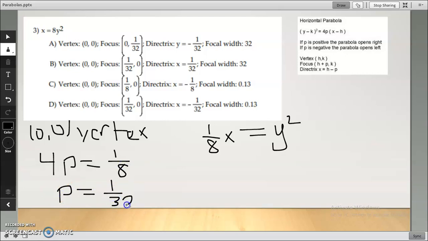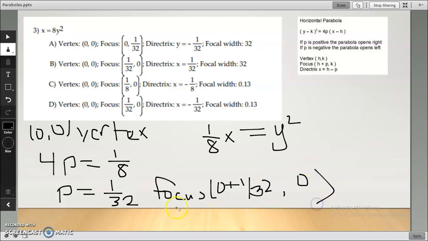So that means p has to equal 1/32. So that means my focus is 0 plus 1/32, comma 0, which is 1/32, comma 0. The directrix is just the negative, right?